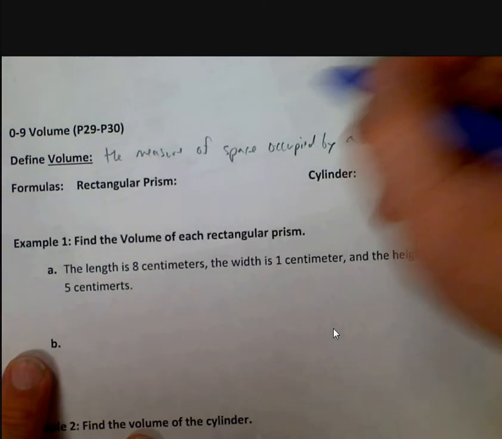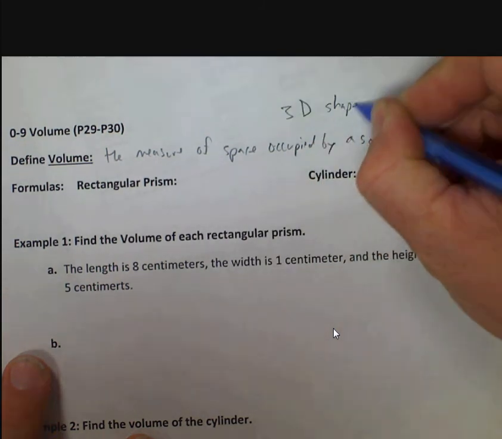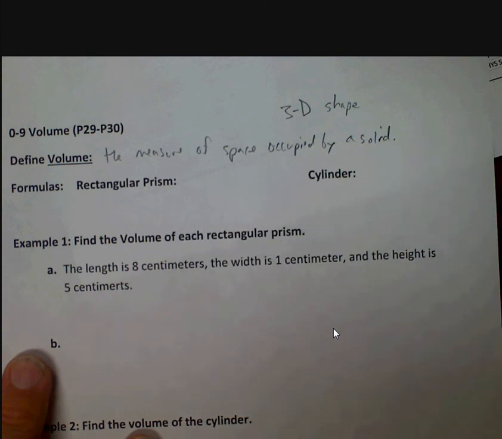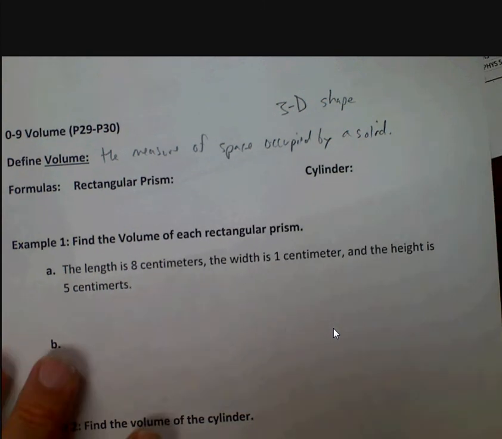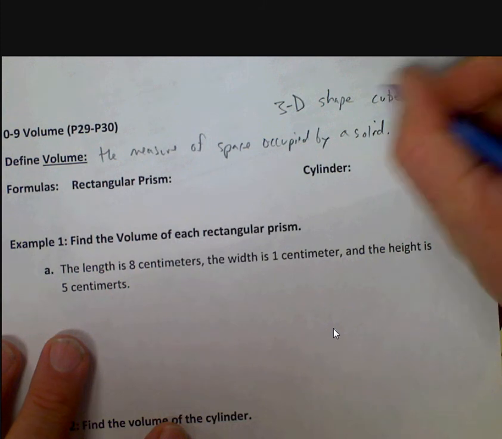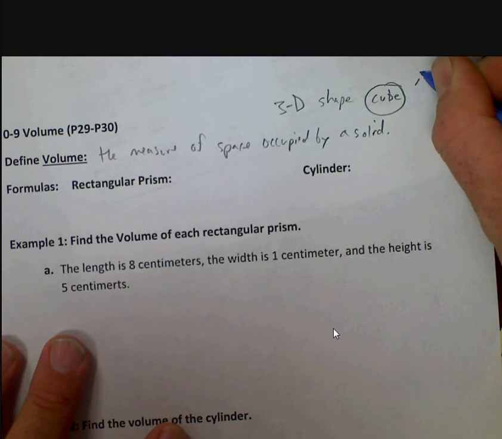In my terms, it's a 3D shape. Any 3D shape in which you see volume is the inside. So whenever we talk about volume, we're actually talking about cubed, to the third, raised to the third.